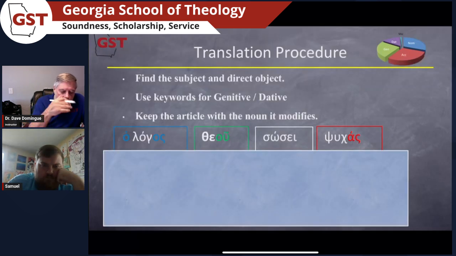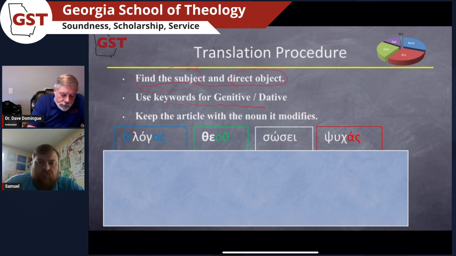Okay, what I want you to do, we're going to do it for time's sake. I'll let you do a little bit of it, okay? So let's find the subject and the direct object of this Greek sentence. Use keywords for the genitive and dative. Keep the article with the noun that it modifies. So here we have ho logos tou theou sozei.